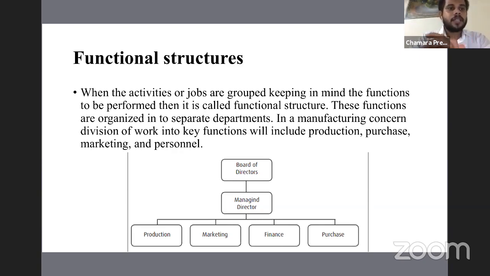The division of work into key functions will include production, purchase, marketing, and personnel, right? If you take a look, these are the functions, and the board of directors comes at the top, then the managing director, and then under him you can see different functions, right? So this is a functional structure.